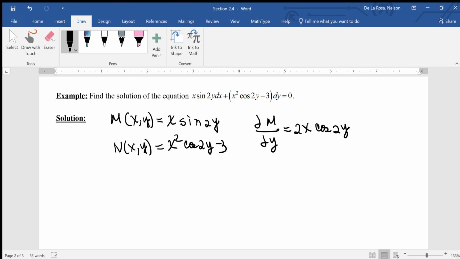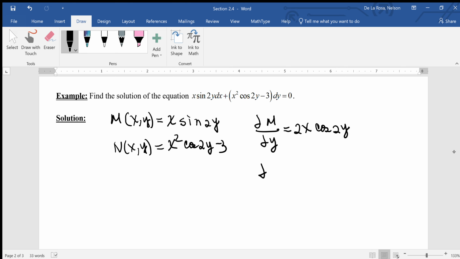Remember, in this case, when you find the derivative of a function with respect to y, x is like a number, like a constant, like a coefficient, I would say. So the derivative of sine of 2y is cosine of 2y times the derivative of 2y, which is 2.